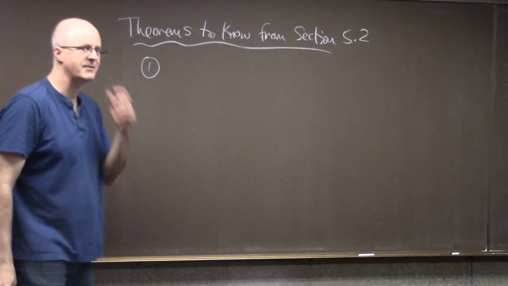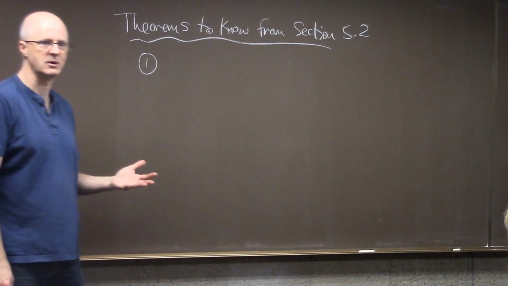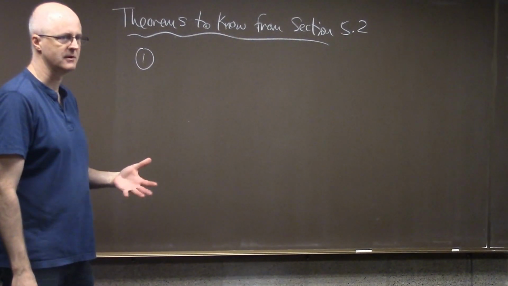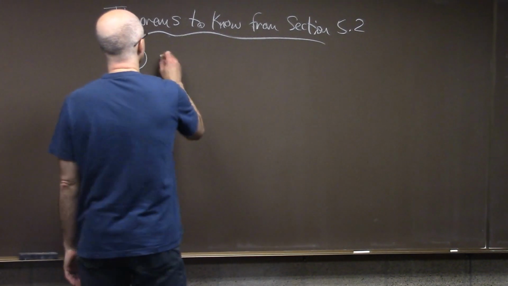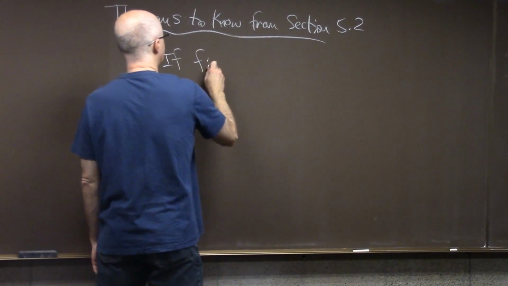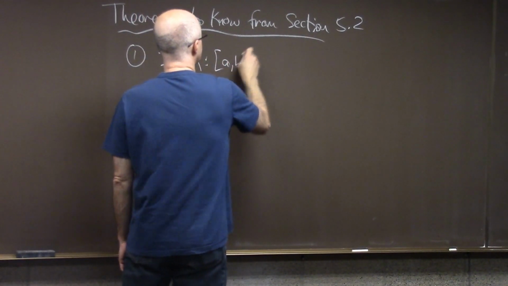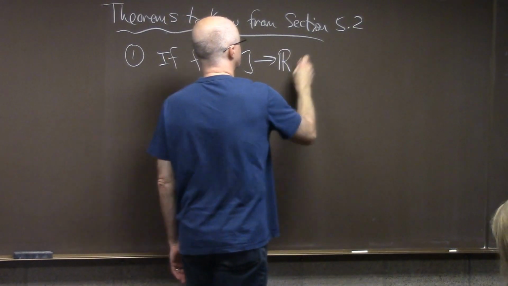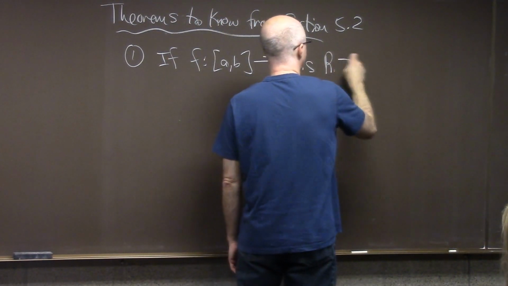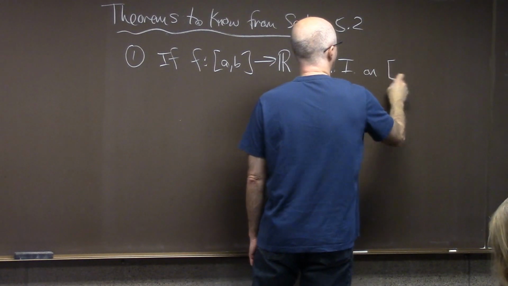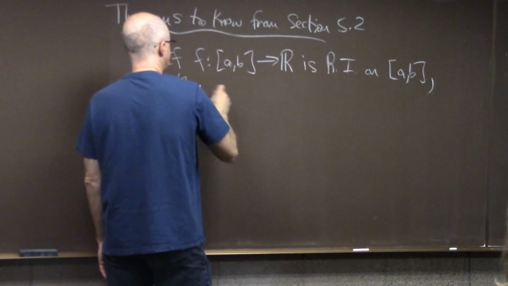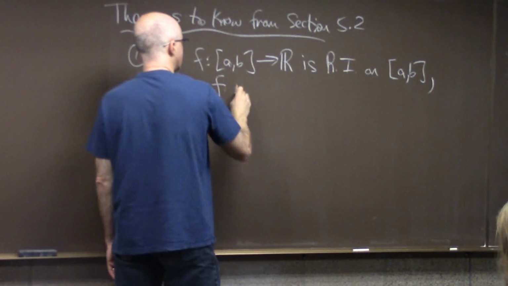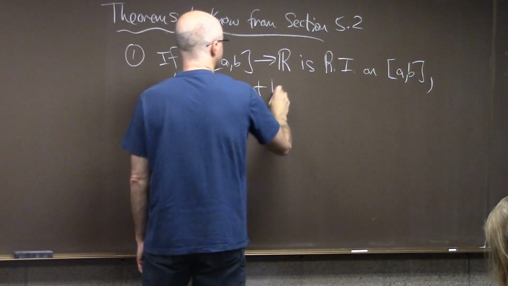One is that if a function is Riemann integrable on the interval that you're considering, then it must also be bounded. A Riemann integrable function on the given interval, then f must be bounded on that same interval.